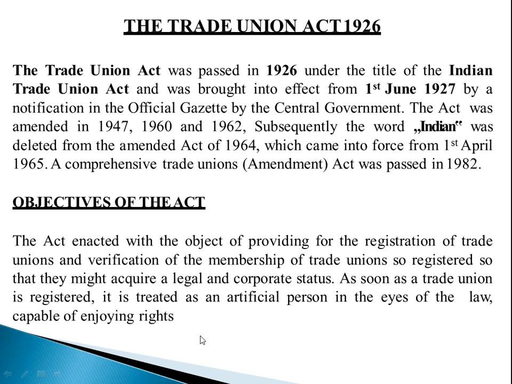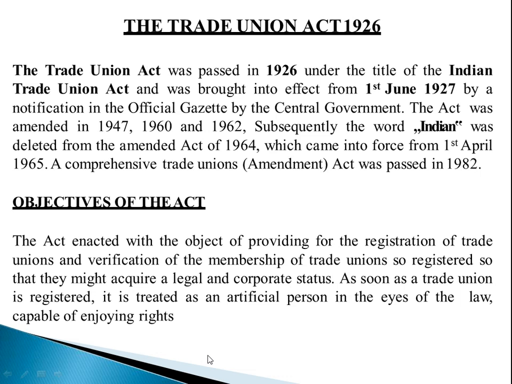The Trade Union Act gives a legal and corporate status in the country, with proper verification of members and proper registration procedures followed by the government when people want to join or form a trade union.